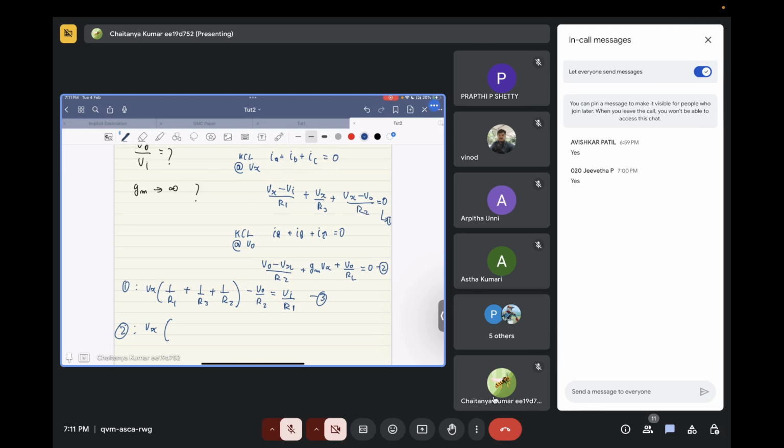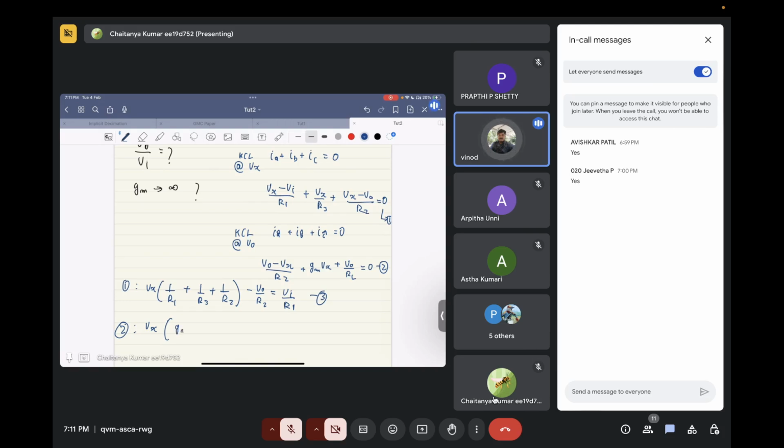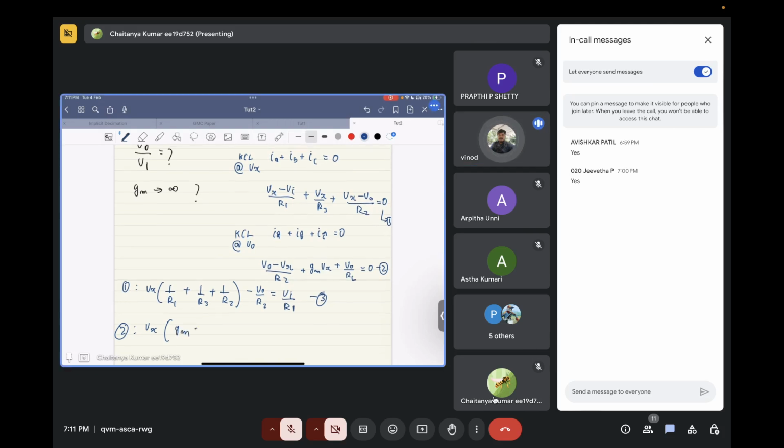Can you help me with that? The coefficient of Vx is gm minus 1 divided by R2. Minus 1 divided by R2, plus V naught; if you take V naught common, 1 divided by R2 plus 1 divided by RL, is equal to 0. Thank you. So this is equation 4.